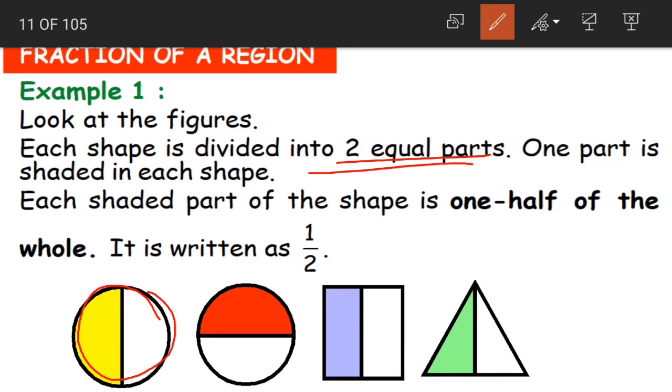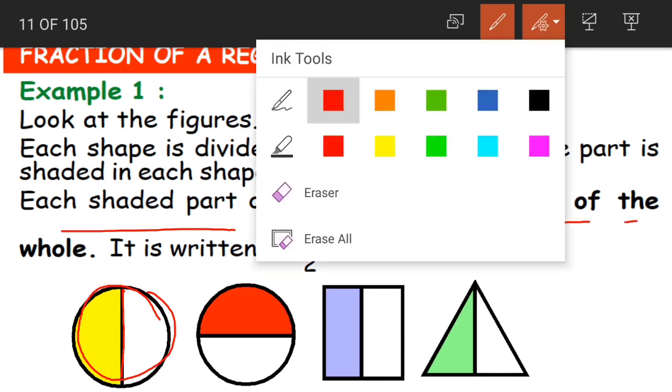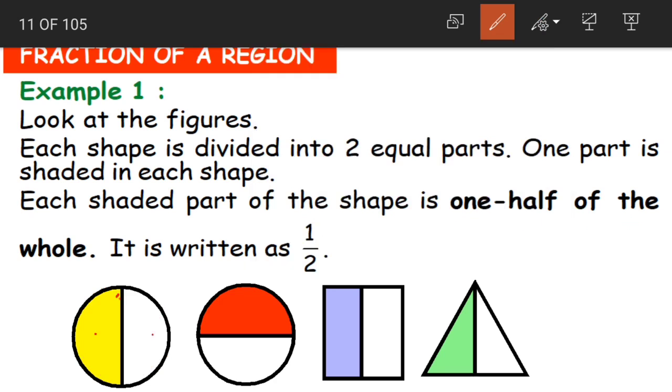When an object is divided into two equal parts, then each part is called what? One half. So here each shaded part of the shape is one half of the whole. See, in the two parts, this part is shaded. So what will this be called? It will be called one half of the whole circle.